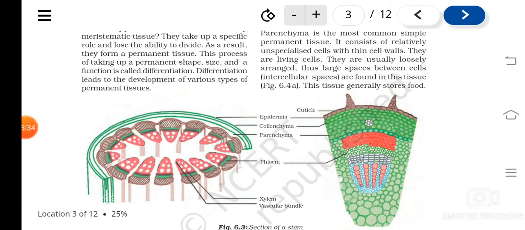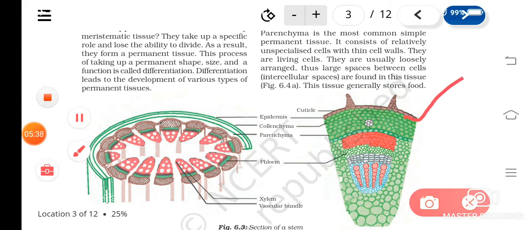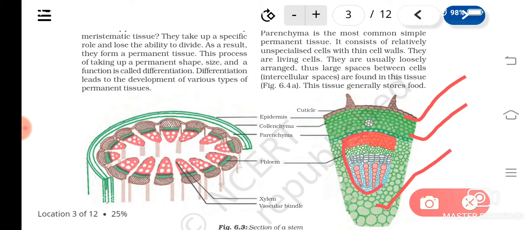Is it clear? So in plants you can see various systems. This is a stem, and you can see here epidermis, and this region is cortex, this is pith. And you can see this is a vascular bundle where the phloem and the xylem are arranged, and in between what you are seeing is cambium.